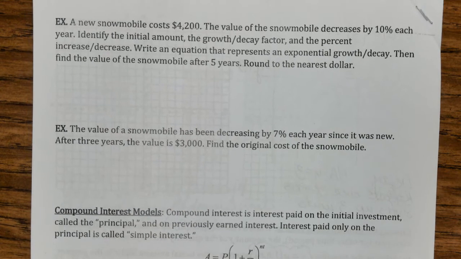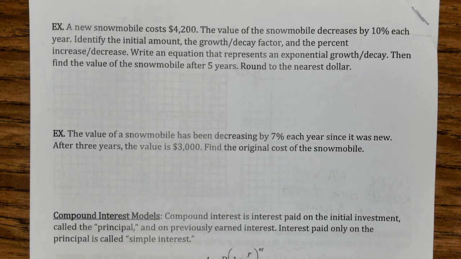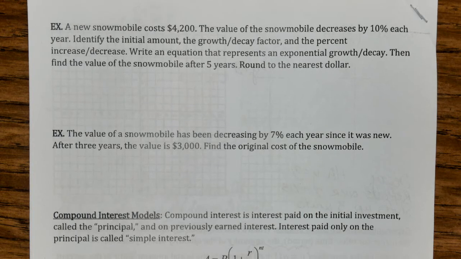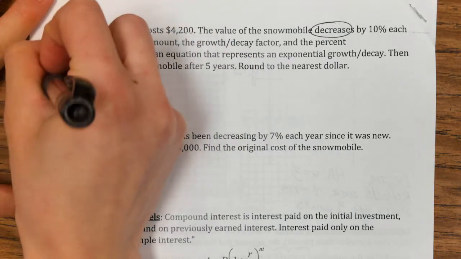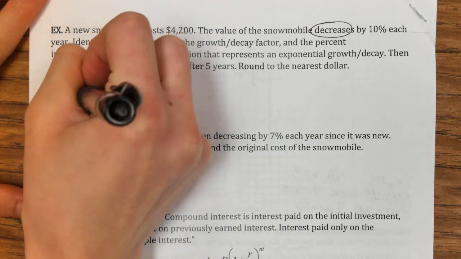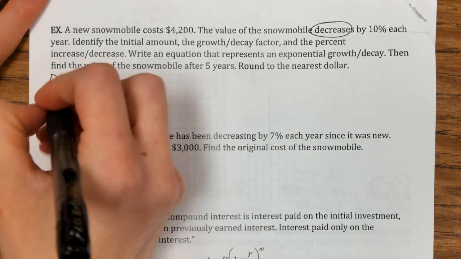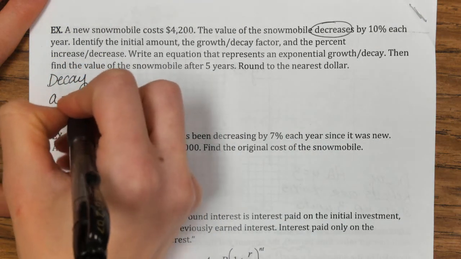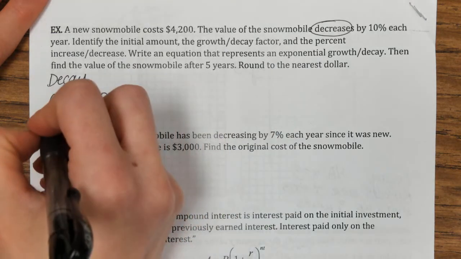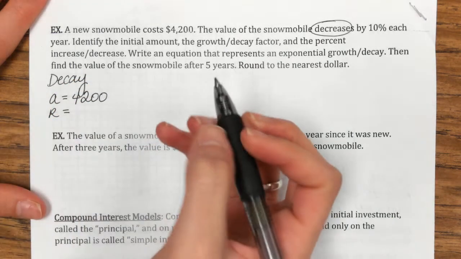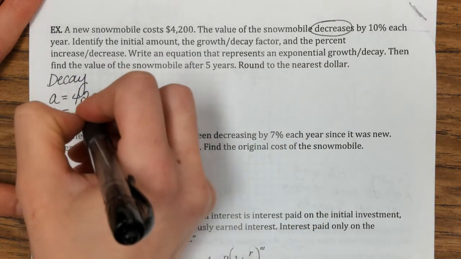So, a new snowmobile costs $4,200. The value of the snowmobile decreases by 10% each year. So, is that a growth or a decay? So, what's my initial amount? What's my A value? 4,200. All right, my percentage, my R, is what? 10%.